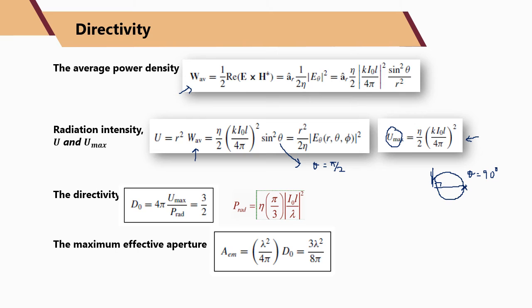The maximum effective aperture A em can also be calculated from the maximum directivity D naught, and the equation can be reduced to 3 lambda squared over 8 pi.